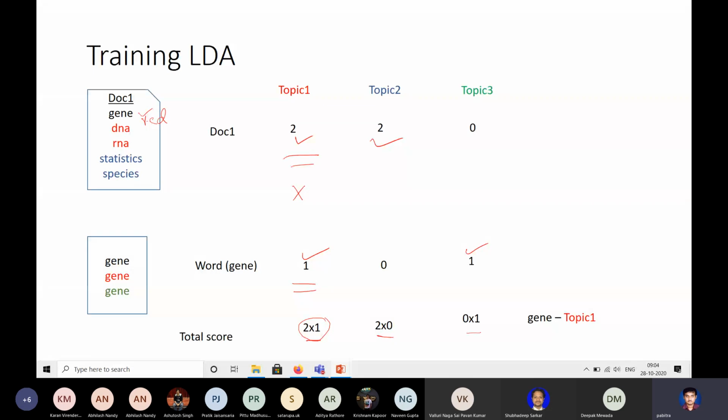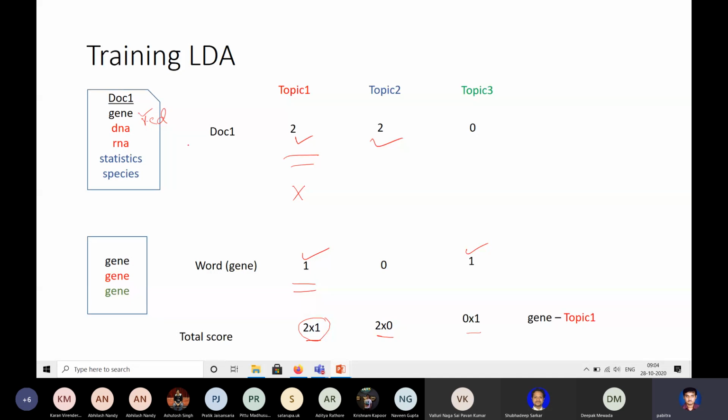Understood? Let me repeat the process. I look at doc 1, and at word 1 in doc 1. I don't know its color. I know the color of the rest of the words in this document and across the corpus. Color means topic.